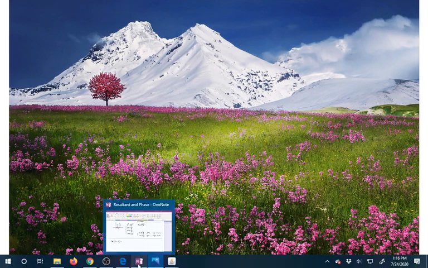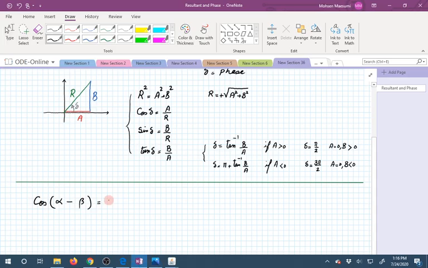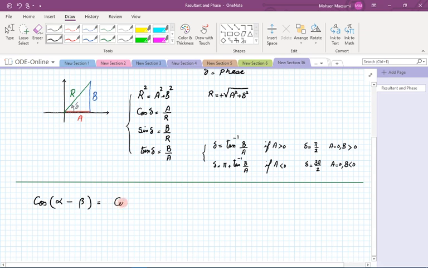So did you remember what it was? On the right hand side it becomes cosine of alpha, cosine of beta, and then what? Plus or minus? It's plus sine of alpha, sine of beta.